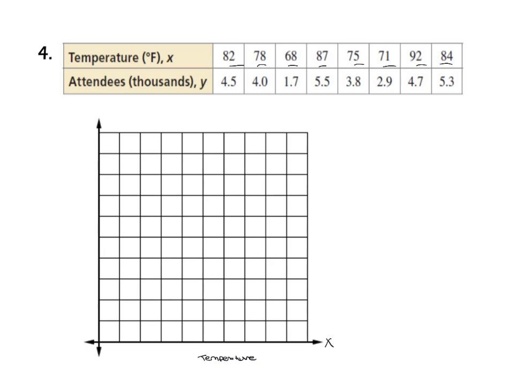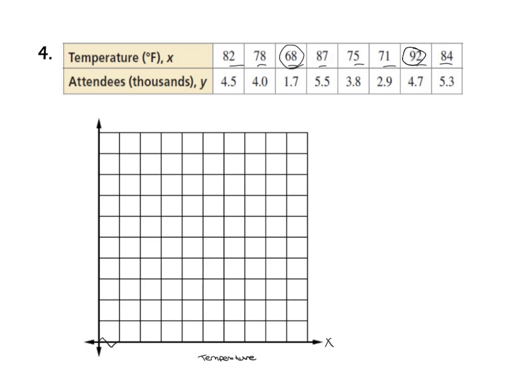A trick we can use is to use this little squiggle line to say we're not starting all the way down at 0. Our lowest number is 68 and the highest number is 92. So we need to find a way to space those evenly along here.